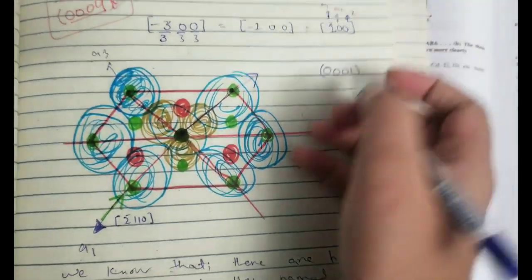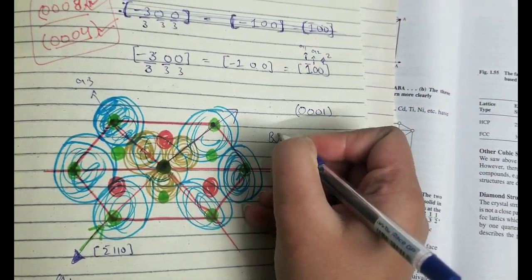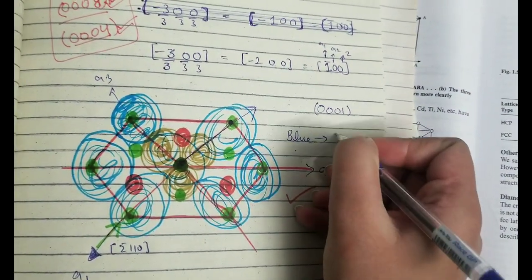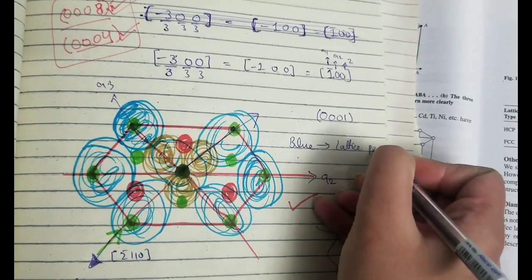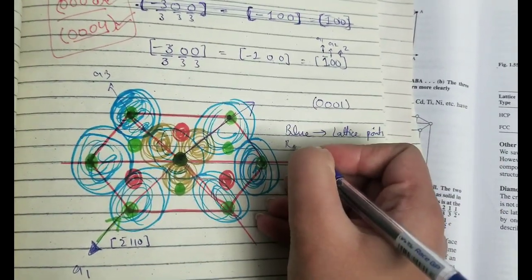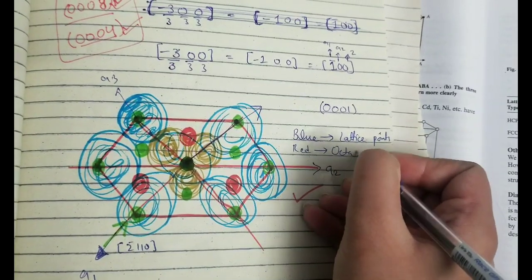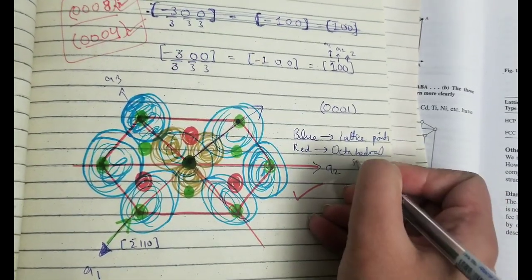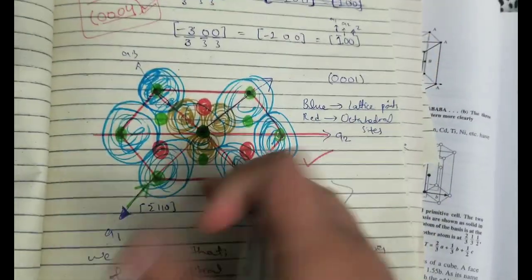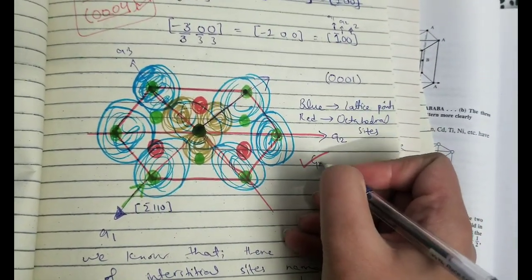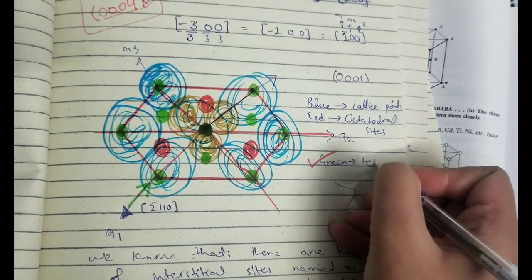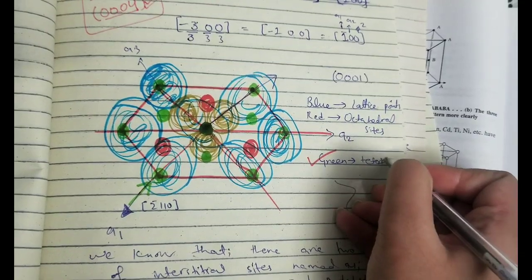Additionally do mention in the paper that the blue atoms show the lattice points, the red atoms show the octahedral sites, which are actually the interstitial sites, and green shows the tetrahedral sites. Tetrahedral sites.